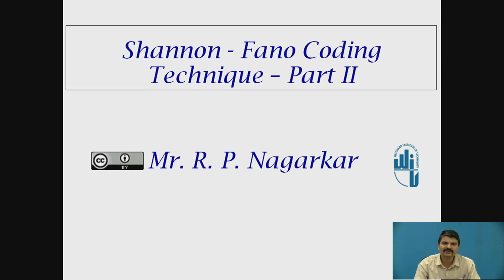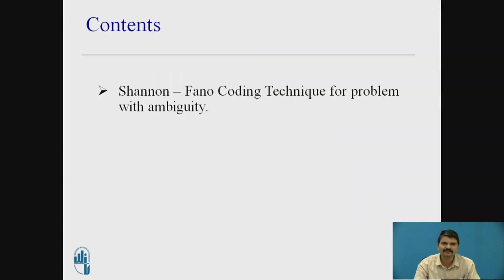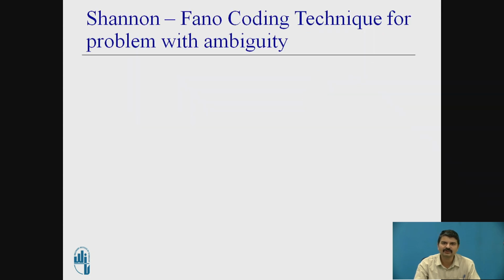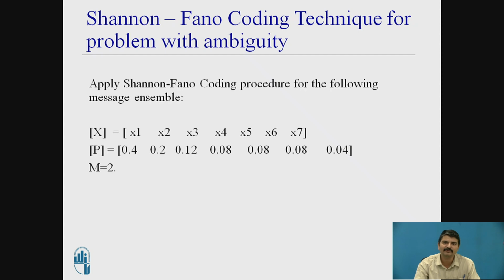Now we are going to see the second part, in which you can consider source coding techniques and the problem of ambiguity. Here you can see a total of 7 symbols, in which 3 symbols have common probabilities, 0.08, 0.08 and 0.08.